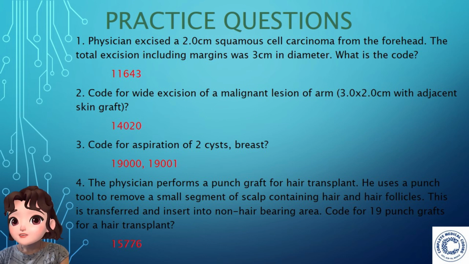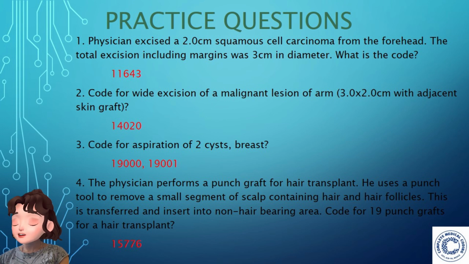Next one: code for wide excision of a malignant lesion of arm, 3 into 2 cm, with adjacent skin graft. This is adjacent skin graft, which means this question is related to adjacent tissue transfer. So 3 into 2 cm means 6 cm square for the adjacent tissue transfer.